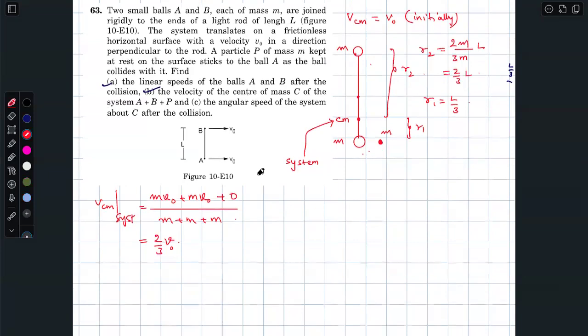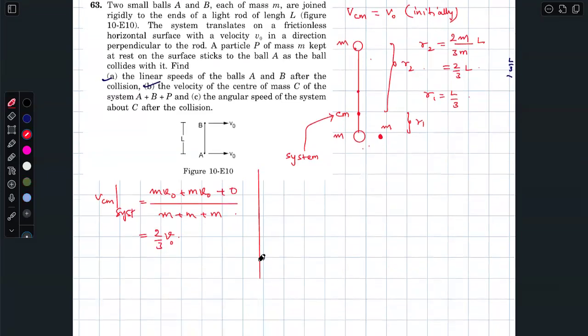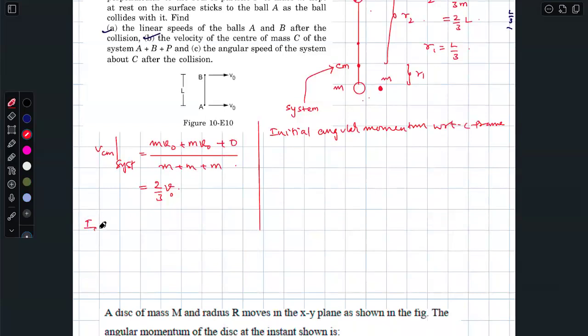Now we have a clear-cut idea about VCM. Now what I am going to do is find the initial angular momentum with respect to C frame. Okay, just please help me. What is the moment of inertia of the system about the center of mass?